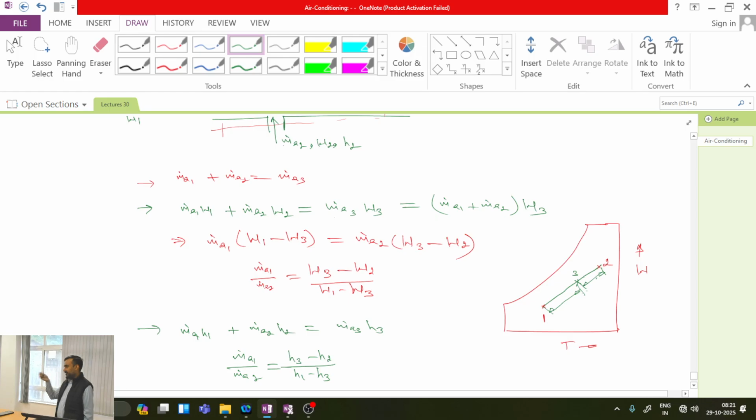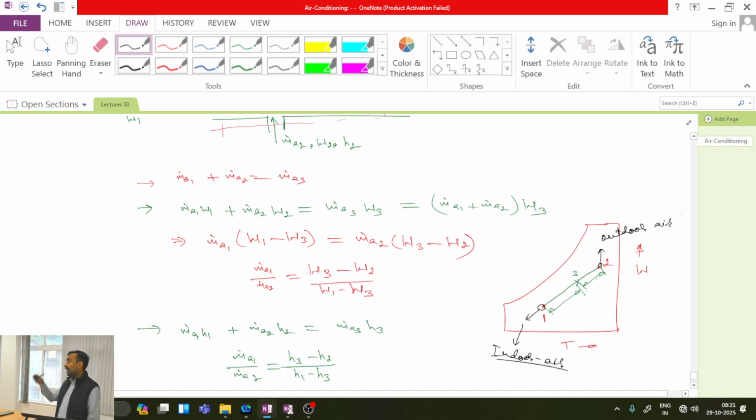That is why, but see, our aim will be to maintain the comfortable situation as per the indoor condition. So in general, if you are thinking from a practical perspective, point 1 corresponds to indoor air. Indoor air means room air. Point 2 corresponds to outdoor air, like ambient air.